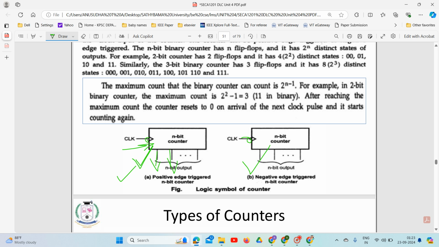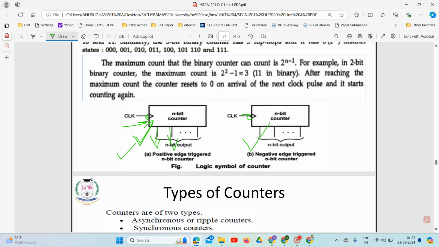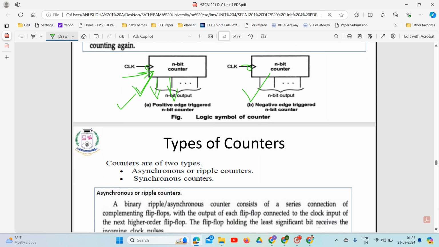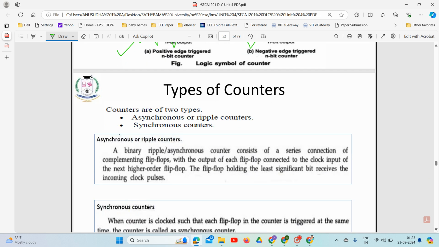Now we will move to the types of counter. We have two types of counter, as I said before: asynchronous or ripple counter. Here the clock pulse depends on the previous flip-flop outputs.